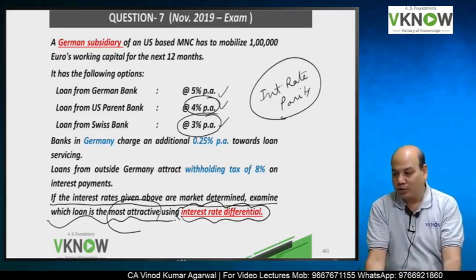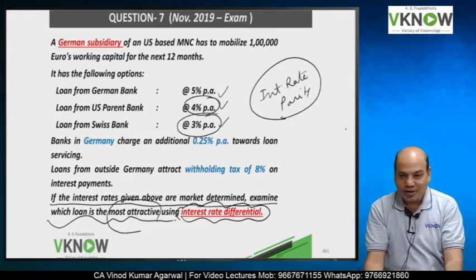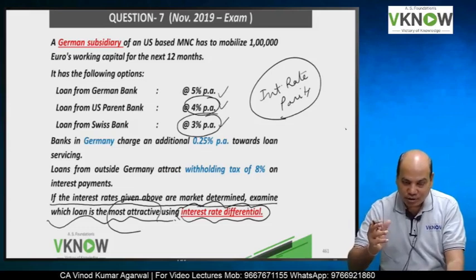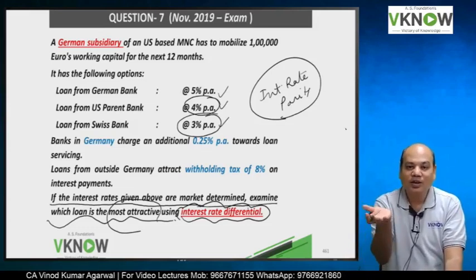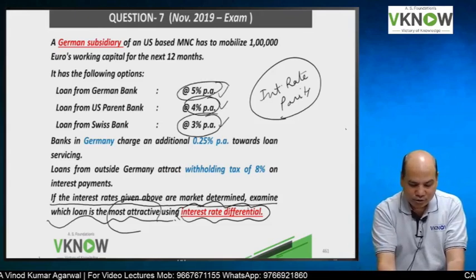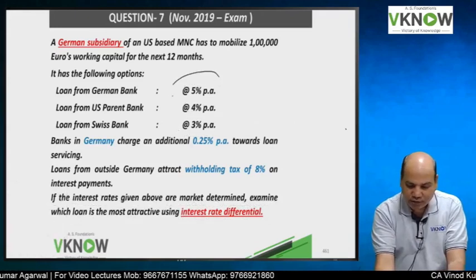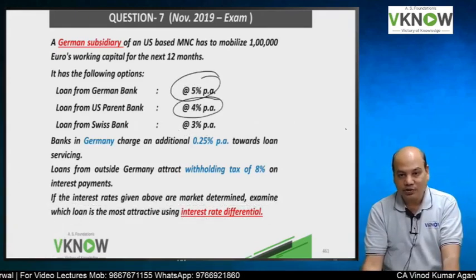Why will the rate of exchange not be the same? Because interest rates are different. If interest rates are different, by the time you go and make the payment of that principal amount, you will have to pay a higher amount depending upon which country has a higher interest rate. So Germany has a higher interest rate. So as per the interest rate parity theorem, the German currency will depreciate.